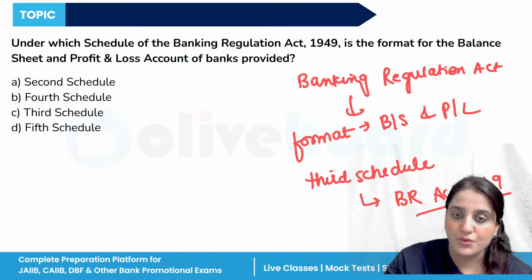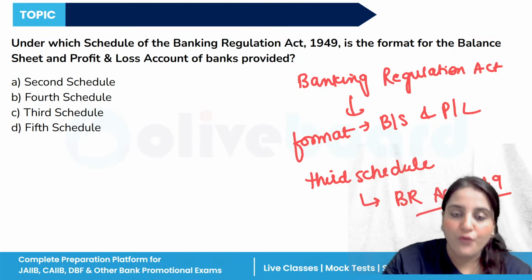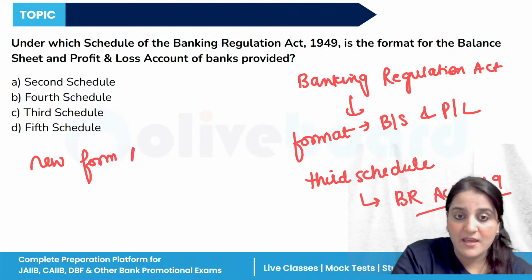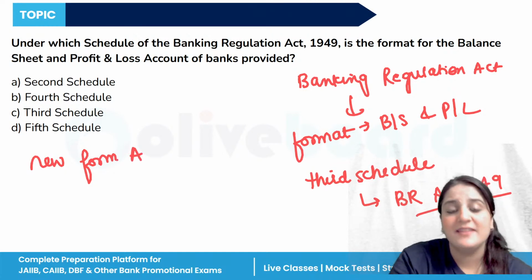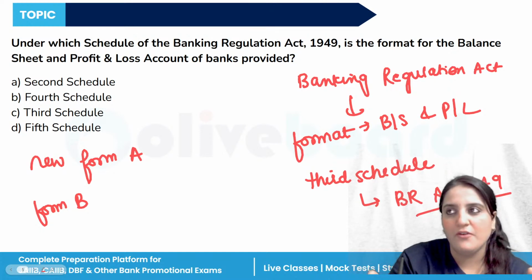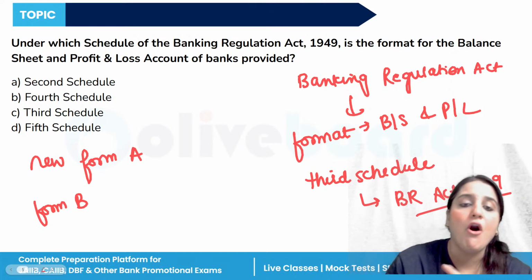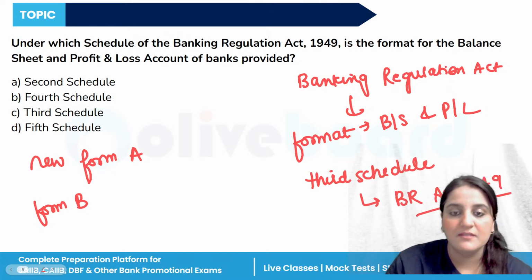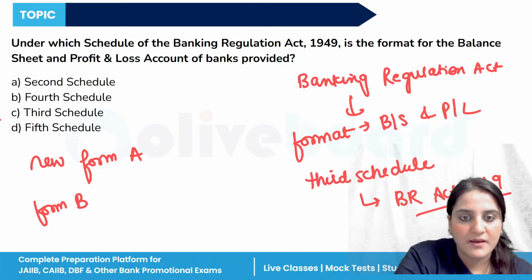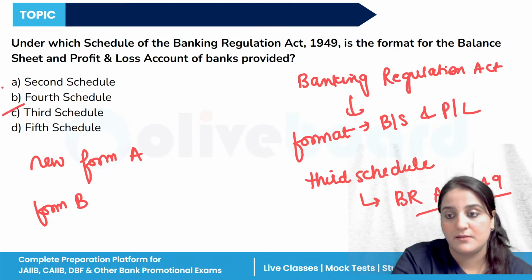RBI has issued the guidelines to follow the new forms, that is Form A, the pro forma balance sheet, and Form B, the pro forma of profit and loss account, by all the banking companies doing business in India. So you can see which option is correct. The Third Schedule is correct.